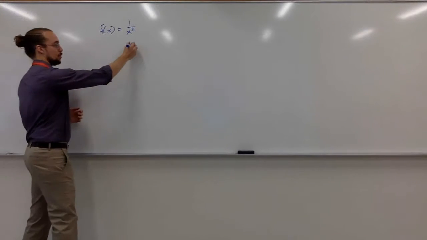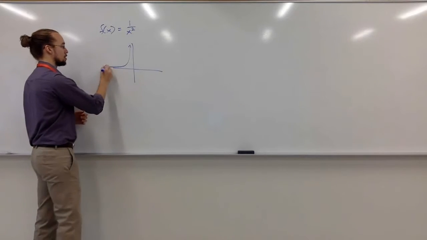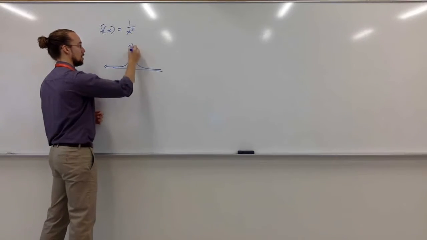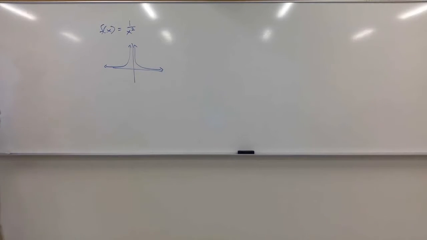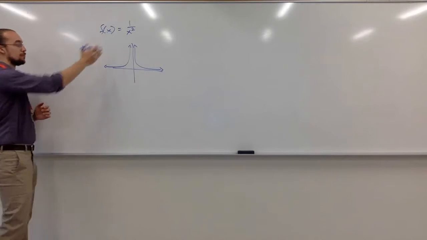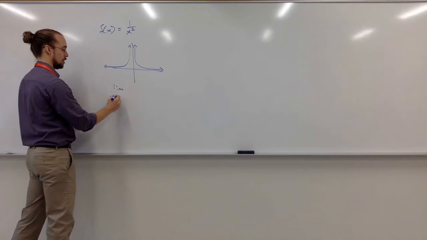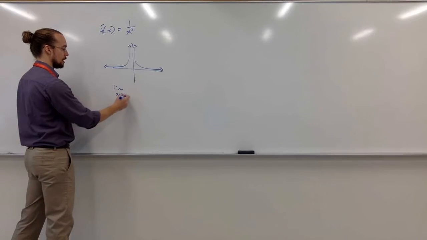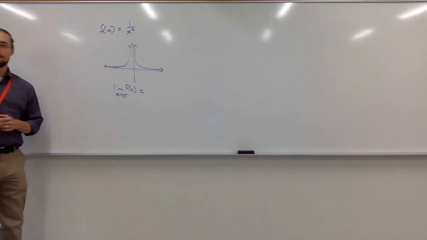This function looks like this. This is what 1 over x squared looks like. It has a vertical asymptote at 0. So here, if I said the limit as x approaches 0 from the left, what would that be?